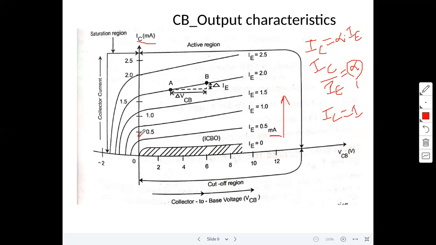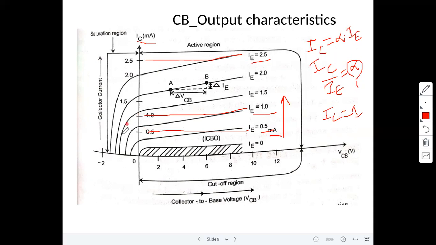So here if IE is equal to 0.5 milliampere, IC is also 0.5 milliamperes. If IE is equal to 1, IC is also 1. If IE is equal to 2.5, IC is also 2.5. Right? Okay, this is the active region.